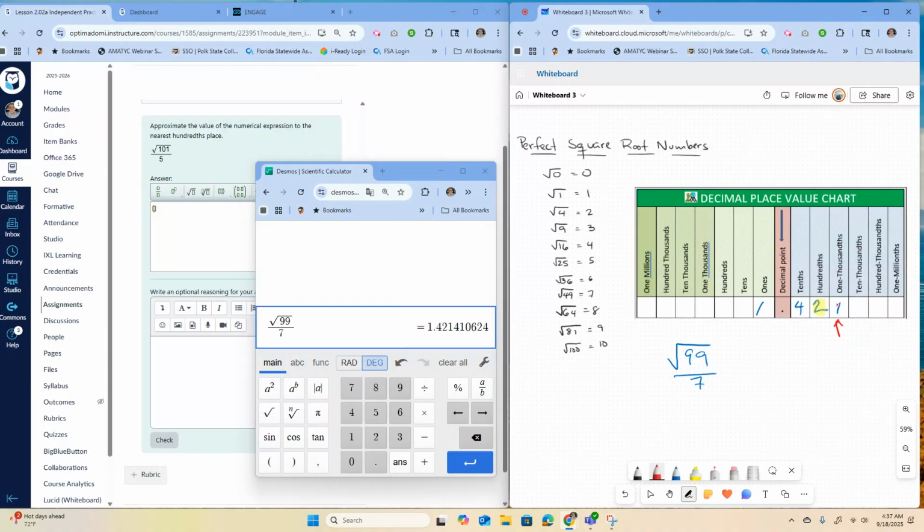If that number to the right is 5 or more, the 2 will go one up. If it's not 5 or more, it will stay the same. Because the number to the right is not 5 or more, I'm going to keep the 2. And then everything else will remain the same. So my approximate answer of this number is going to be 1.42. Okay, let's go to the next one.